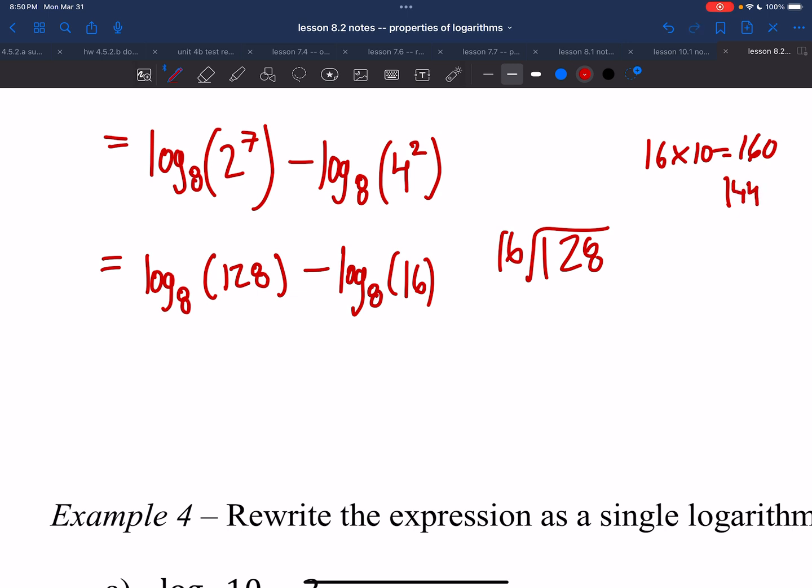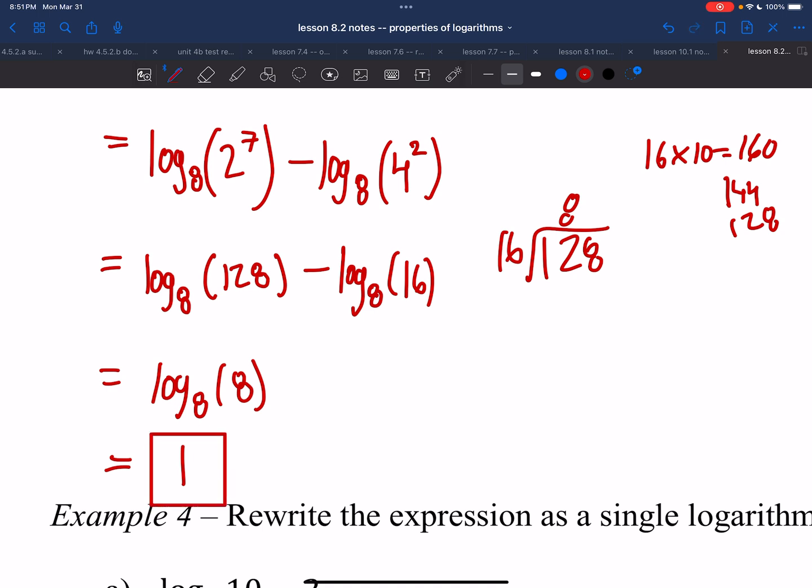And then 16 less than that is 128. So this would end up being 8, meaning this is log base 8 of 8. And hey, log base 8 of 8 is 1. Thus, our answer.